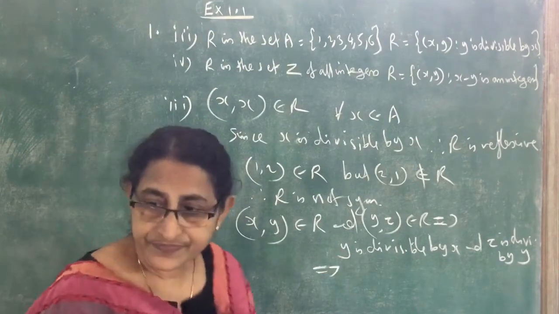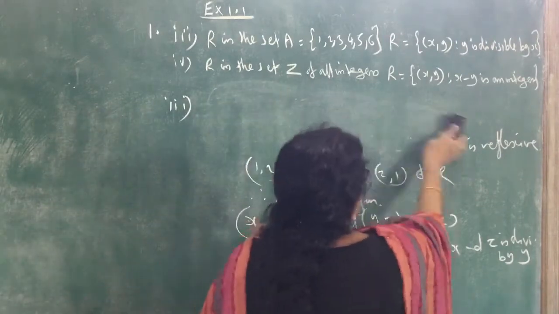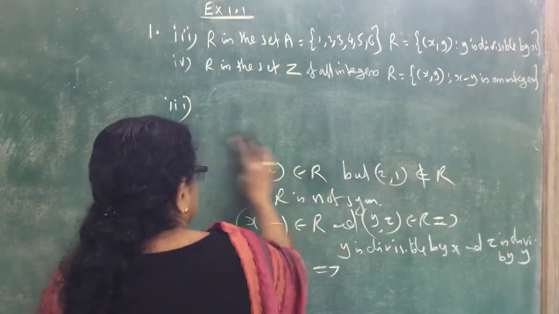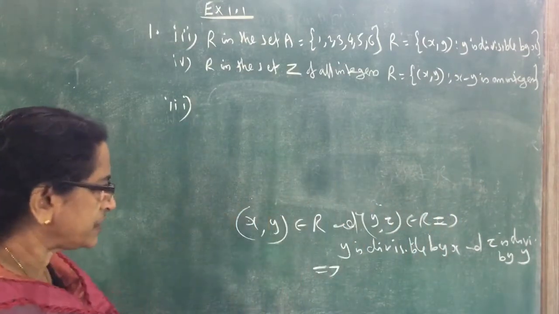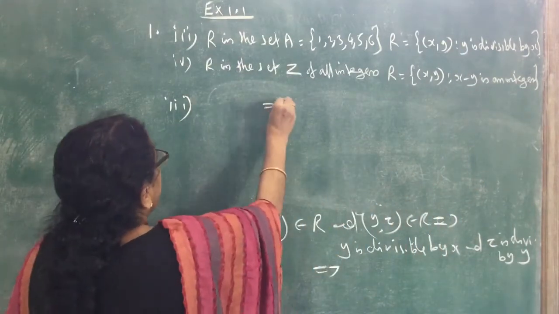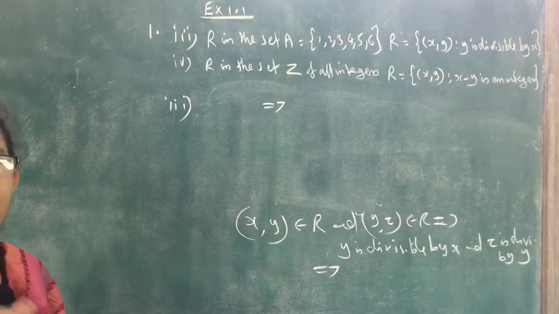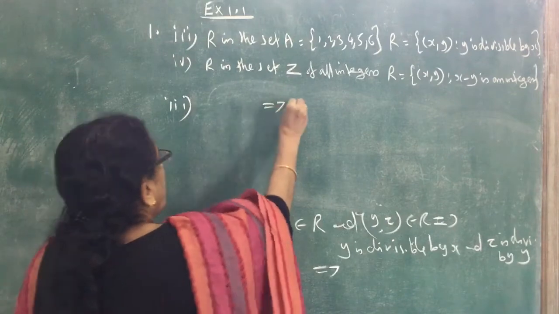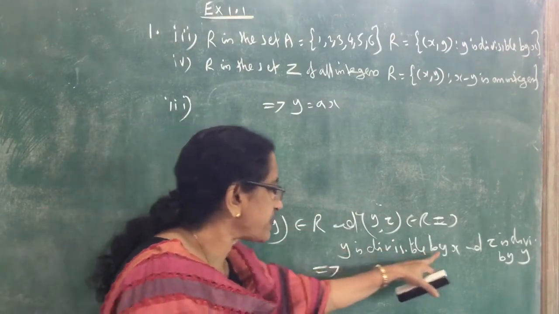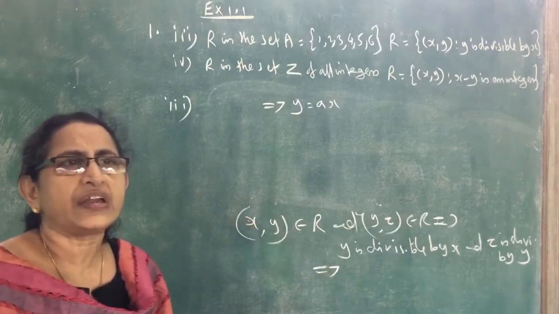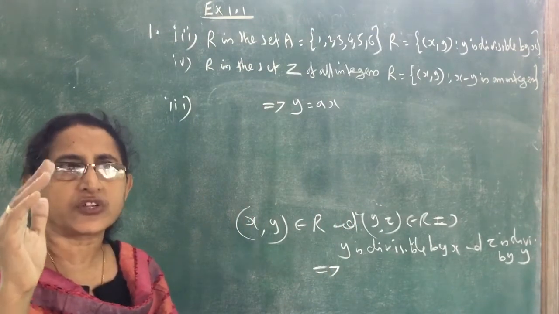So y is divisible by x means y equals some a into x. We know 10 is divisible by 5, so we can write 10 equals 2 into 5.